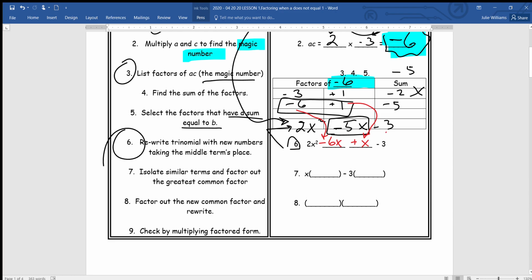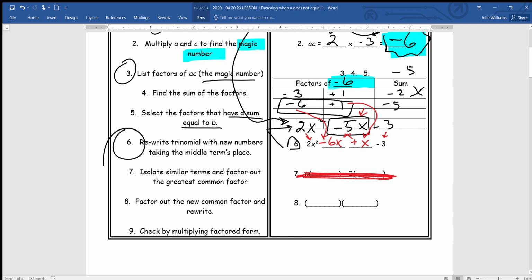And then I'm bringing down minus 3. So these stay the same, and then I've just split that b term into 2 terms. I'm going to kind of mark this out. Now we've made an unsimplified polynomial with 4 terms. Again, all I did was split the b term into 2 terms.